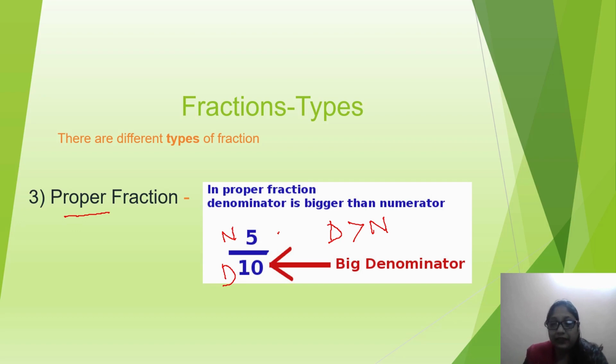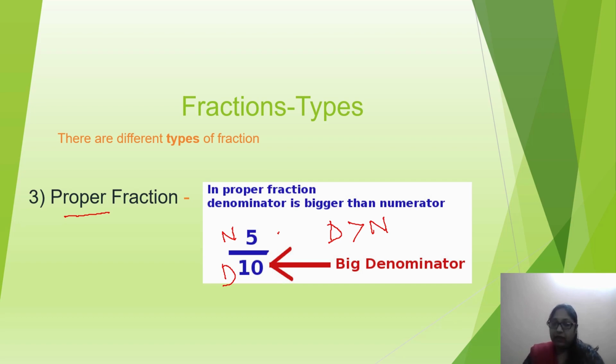In easy language, we can say that I am the big one representing the denominator, and I am carrying a little child upside, which is representing the numerator. Carrying a child by me, it looks proper. It's easy to carry.